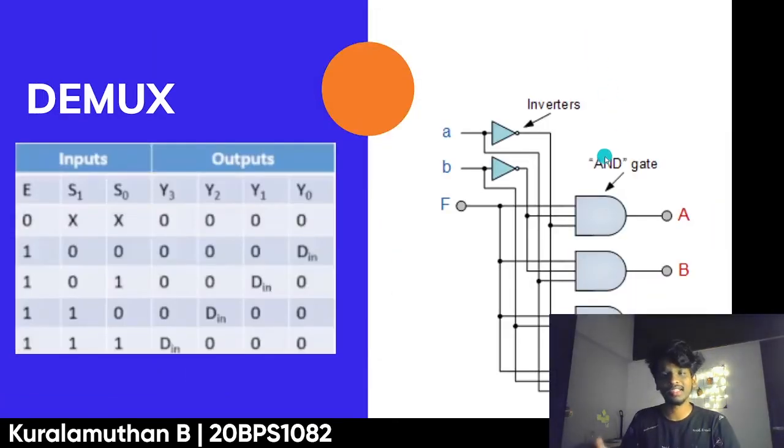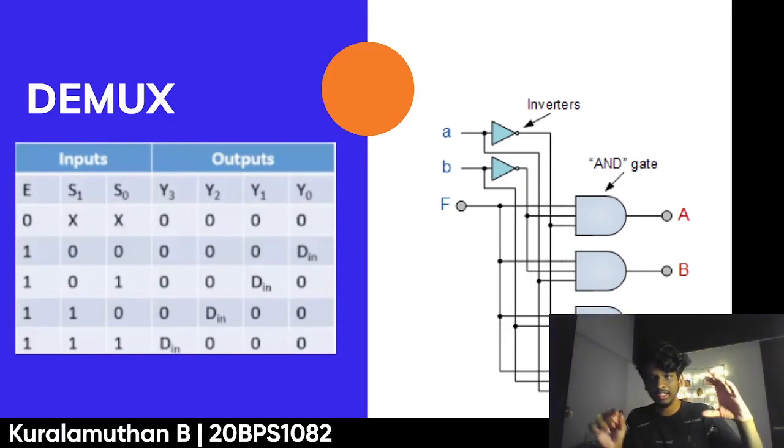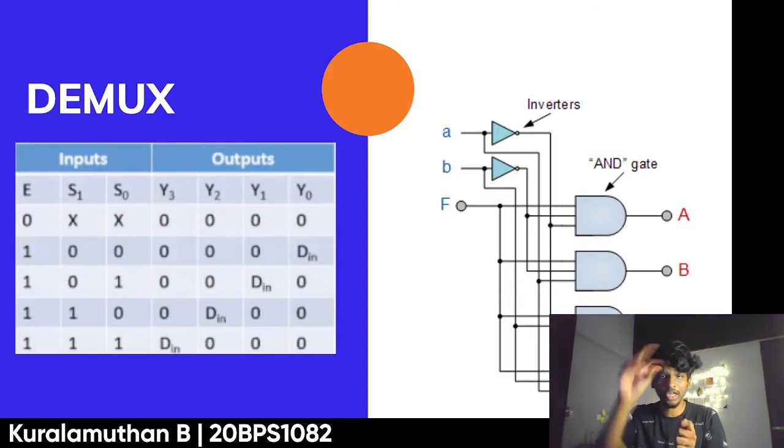Now, a demultiplexer is the exact opposite of a multiplexer. We saw that the multiplexer takes parallel inputs and gives out only one of them. But in a demultiplexer, it takes one input, and according to the select lines, it channelizes the output.